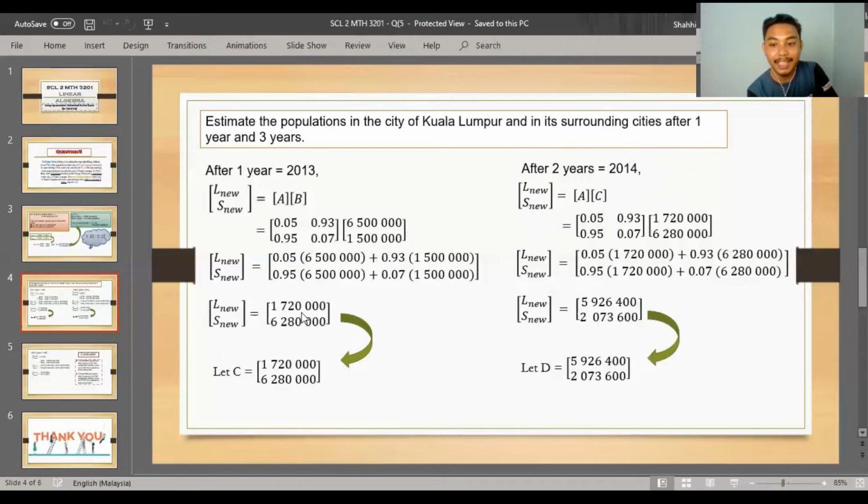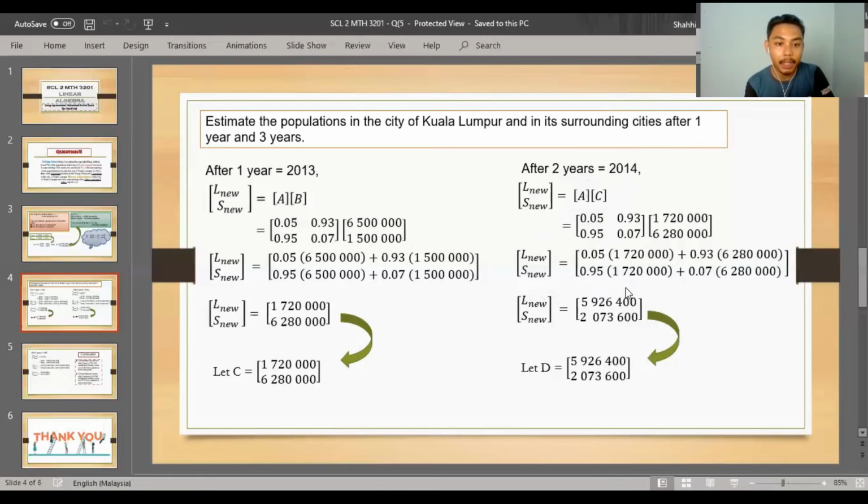So let's say that the matrix C, which is the population in 2013, is this one. We need to multiply it with the percentages for the respective populations. Since we already have A and C, we just need to multiply like I said previously. Then we will get this new population here.